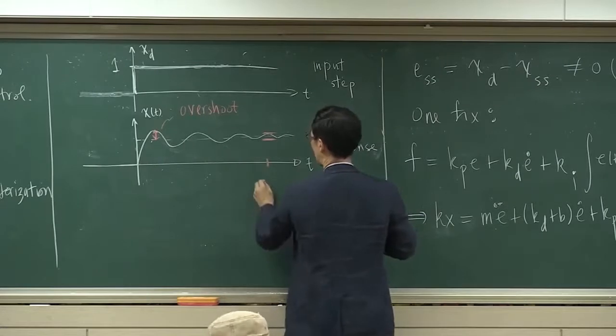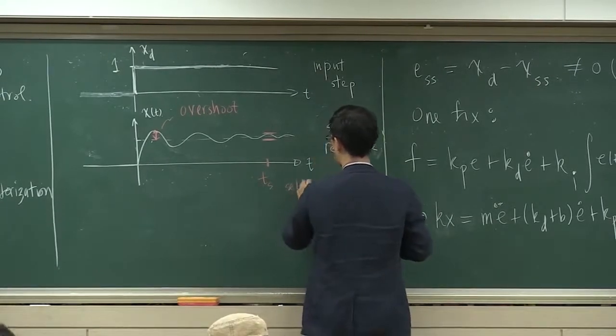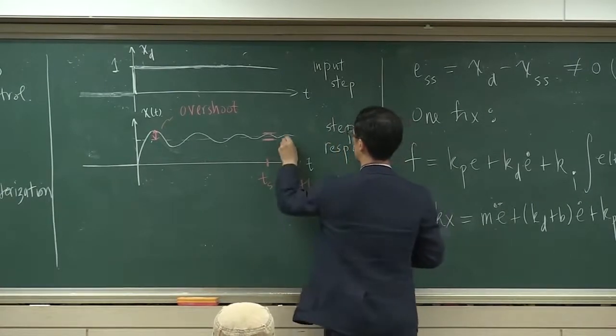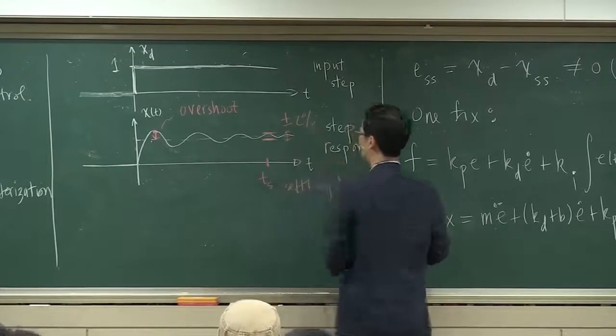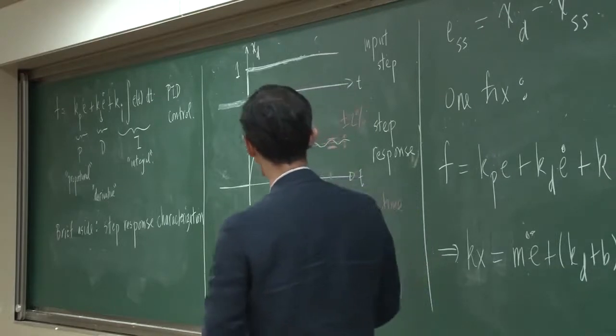So this might be the t settling time. This might be, say, plus minus 2%, for example.